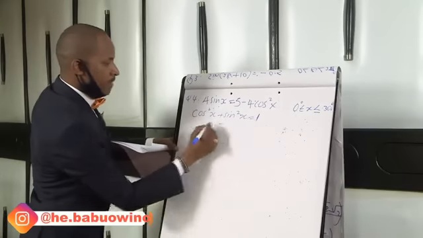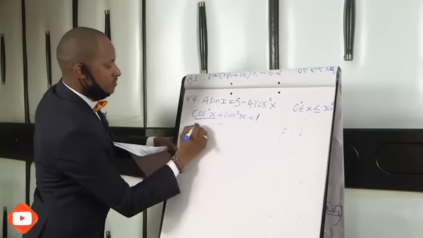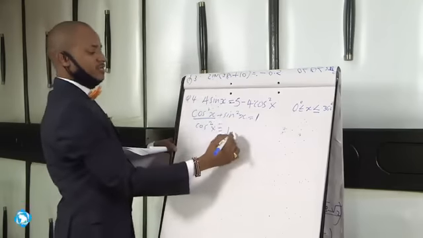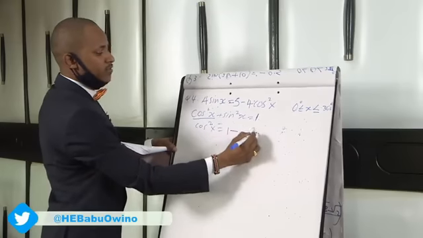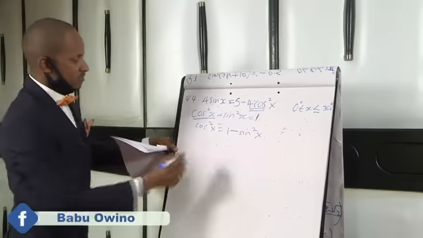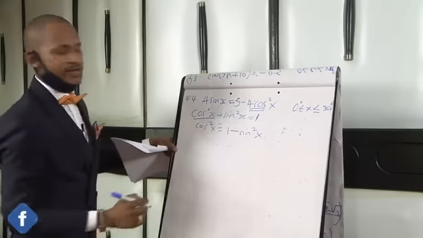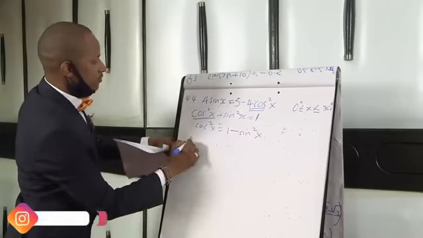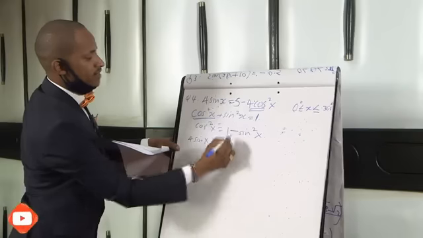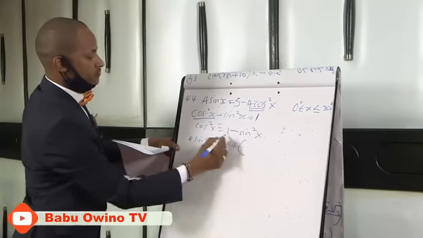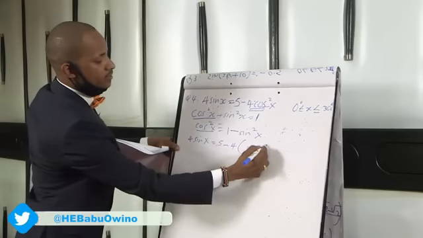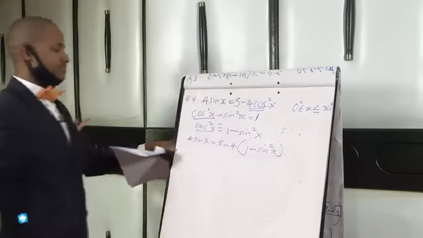Therefore, from this, you can easily say that cos squared x equals 1, when sine squared x crosses the other side, becomes minus sine squared x. Therefore, from our initial equation, replace cos squared x with 1 minus sine squared x. So we have 4 sine x equals 5 minus 4 into the value of cos squared x, we've said here is 1 minus sine squared x.